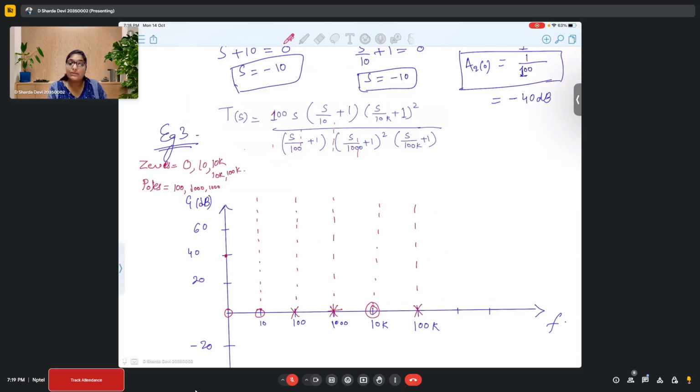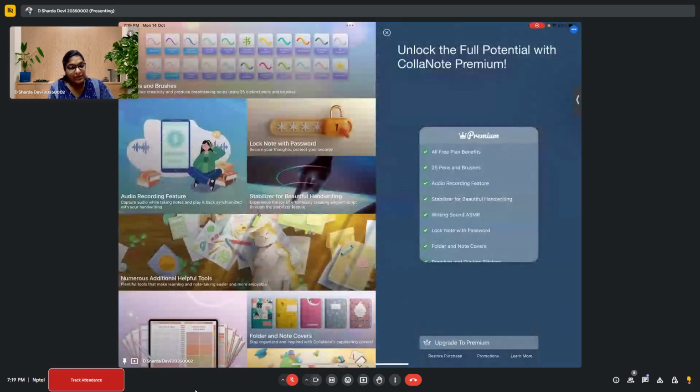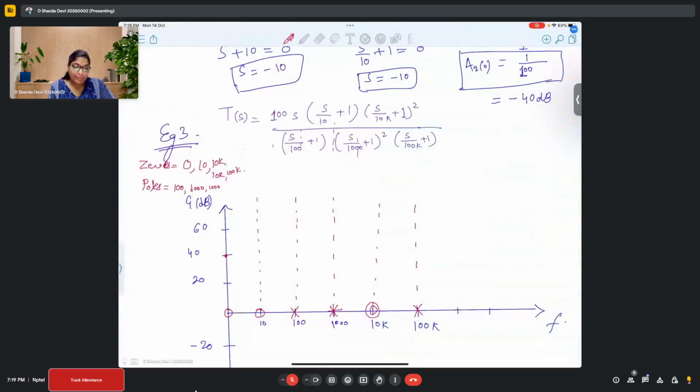I have a question in this. When we keep s equal to 0, the whole transfer function goes to 0. So is there an exception in this case? So ideally, your transfer function never starts from 0, 0. So it's a very small frequency, right? When you are seeing that it is increasing by decades, from there you can understand that you will never see a 0 on the scale, right?